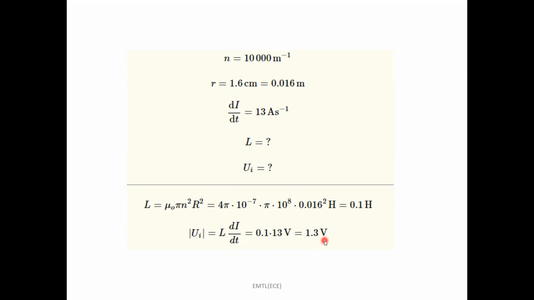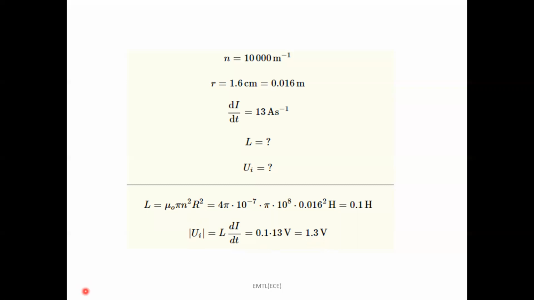As we already discussed, electromotive force is nothing but a potential difference, so the unit of electromotive force is also the volt. So the result value of electromotive force is 1.3 volts. By substituting the given values into the inductance of the solenoid, mu naught pi n squared r squared, the resultant value is 0.1 Henry, and the electromotive force is equivalent to 1.3 volts.